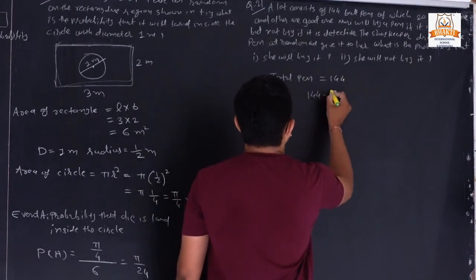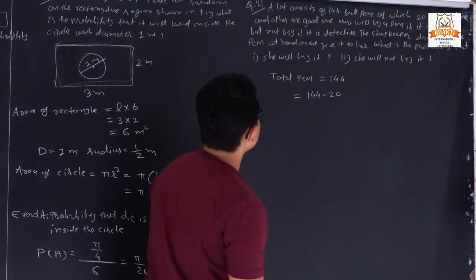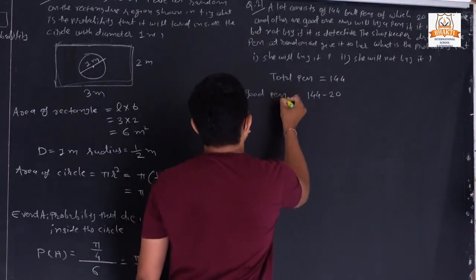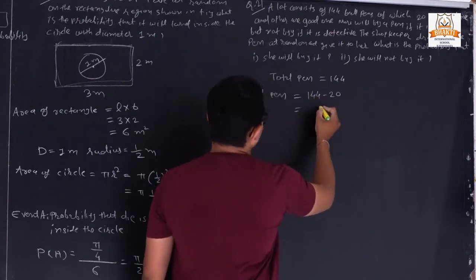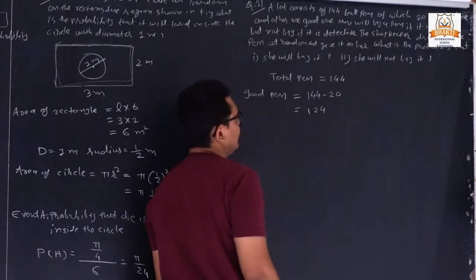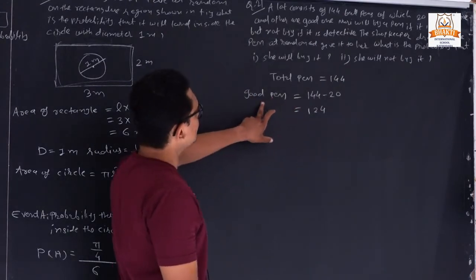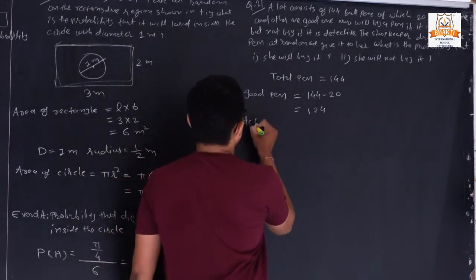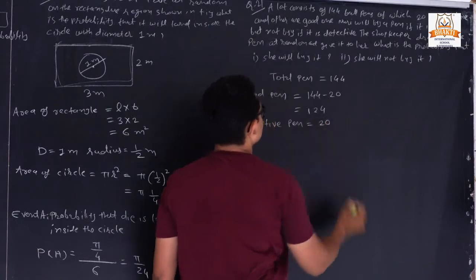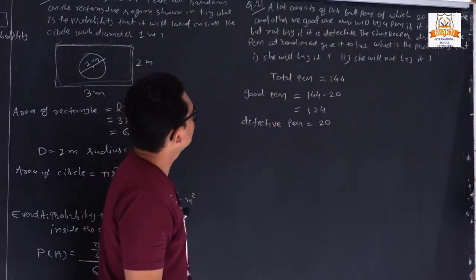So 144 minus 20 gives the good pens, which is 124. It means 124 pens are good and 20 pens are defective. Clear?